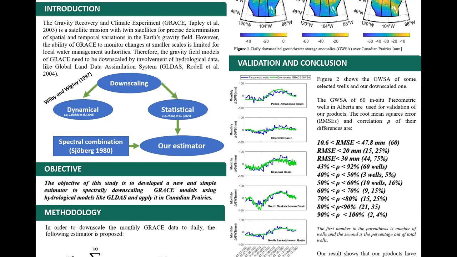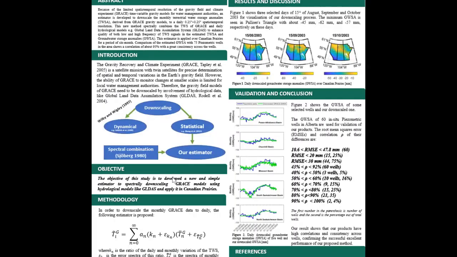So the main objective of ours is to provide such an estimator, so that we use these GRACE models and also the hydrological model, and combine them in an optimal way. And at the end, we will apply it on the Canadian Prairies. So if I focus on the estimator, let us see. I guess I show the GRACE array.